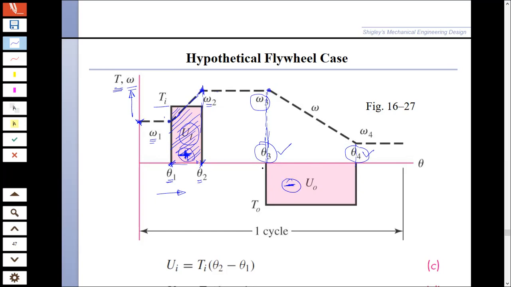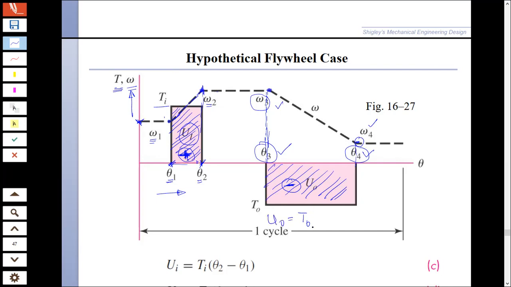The amount of energy that is spent, which brought the velocity of the system from omega 3 to another level, omega 4, is given by the area of this rectangle. I would call this U naught.